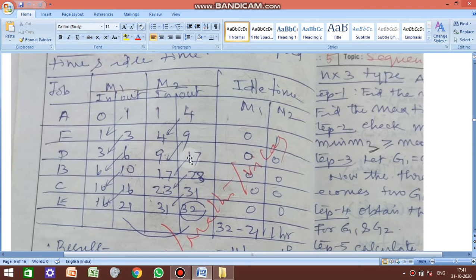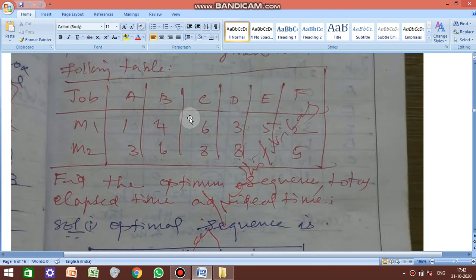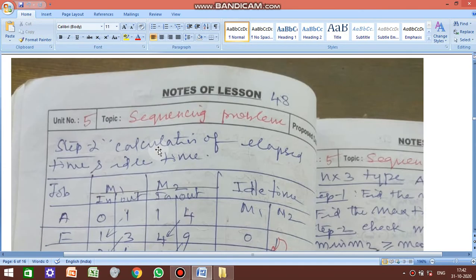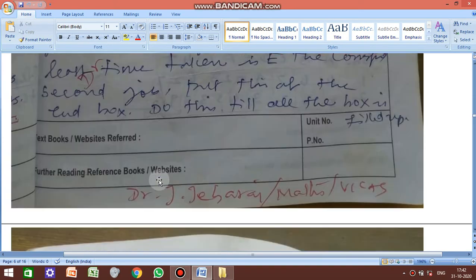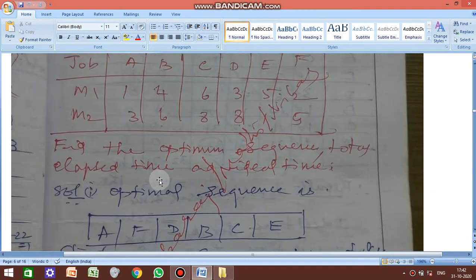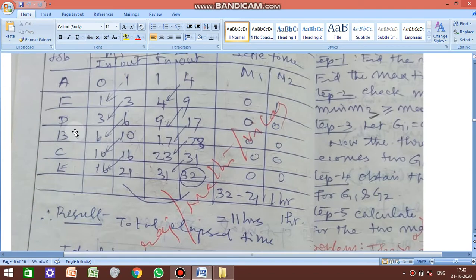So this out time becomes the in time here. Therefore we get 17 units. Now what does B take under M2?